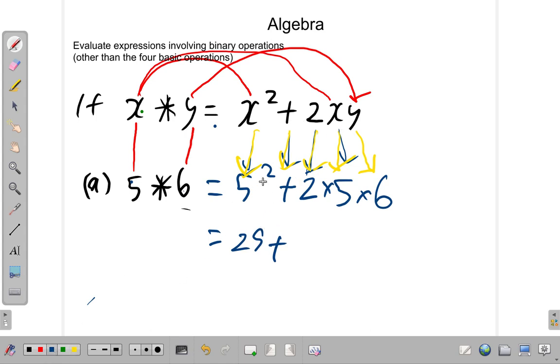Then you work them out one by one. 5 squared is 25 plus 2 times 5 is 10. 10 times 6 is 60. So you put them all together and say 60 plus 25 is 85. Alright? So that's how you deal with these new binary operations.